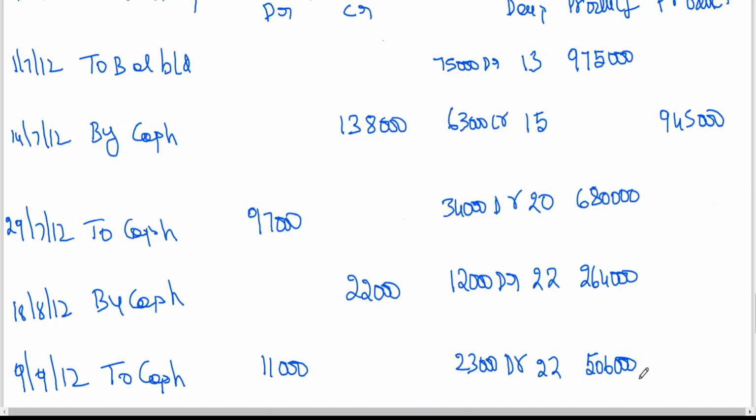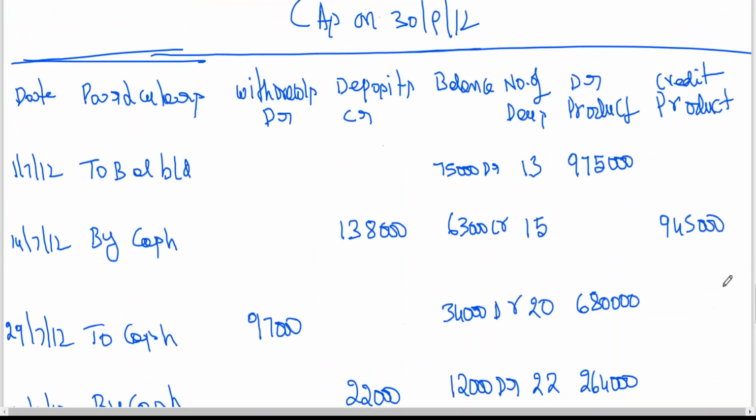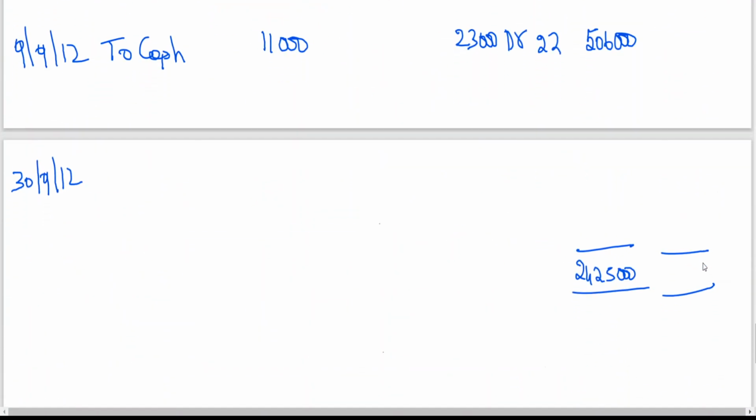You're getting 24,25,000. And here you are getting 9,45,000. 24,25,000 and 9,45,000.